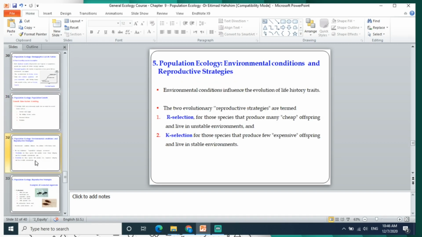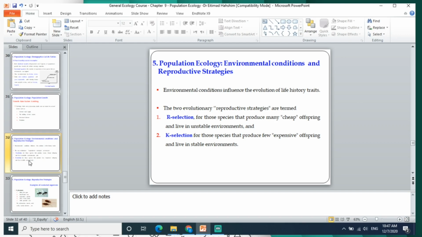Regarding the environmental conditions, there are two types of reproductive strategies in order to control the limiting factors. One is called r selection, and the other is called K selection.